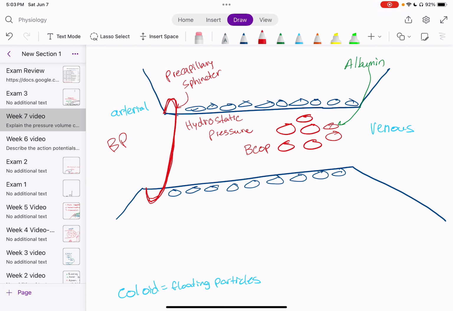It is blood colloid osmotic pressure, and then we have interstitial colloid osmotic pressure. Within our capillary, this hydrostatic pressure is always wanting to push out. This BCOP is wanting to stay in, ICOP is wanting to push out, and then we have one more thing over here.